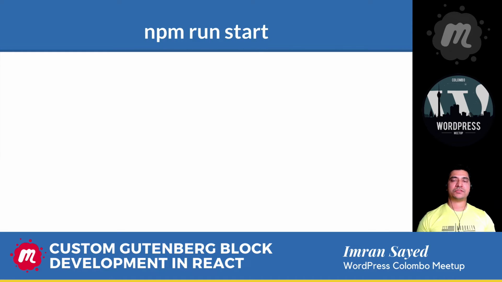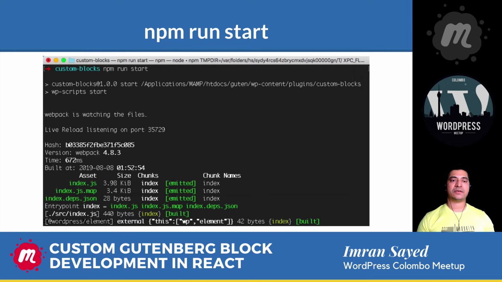Okay. So now when you run this command, npm run start is going to start a development server, and as you can see it is actually taking that index.js as an entry point and outputting all of the bundled file inside of build/index.js, and Webpack is watching this file, which means that if you make any changes in your code, you don't really have to worry about anything because it's constantly watching and doing the bundling and stuff.